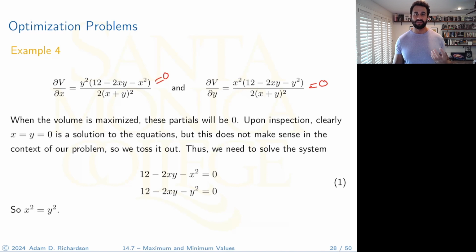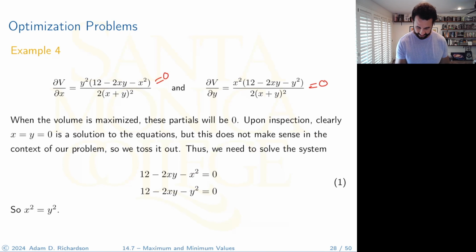So this is why context is important, and conceptual understanding is important here. X and Y can't be zero because X and Y are the length and width of the box. So if our length or width are zero, then we don't have a box anymore, and the whole problem is pointless at that point. So we toss out the solutions x equals zero and y equals zero.